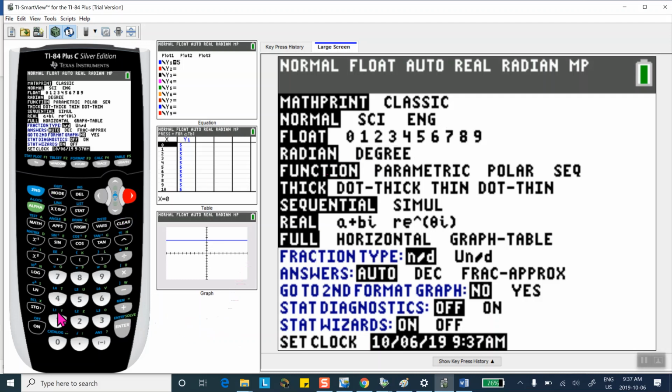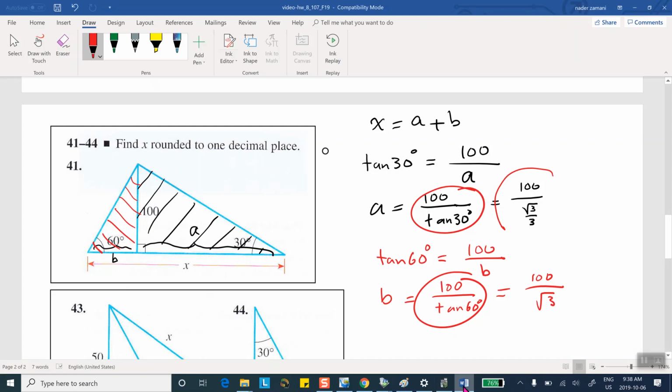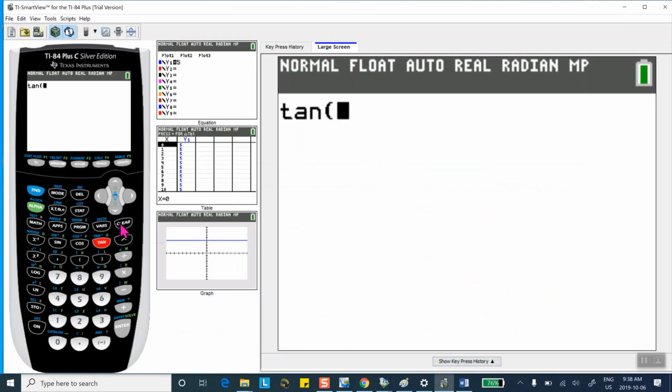Okay, so let's go ahead and do tangent. It was 100 over tangent. Okay, so let's clear this.